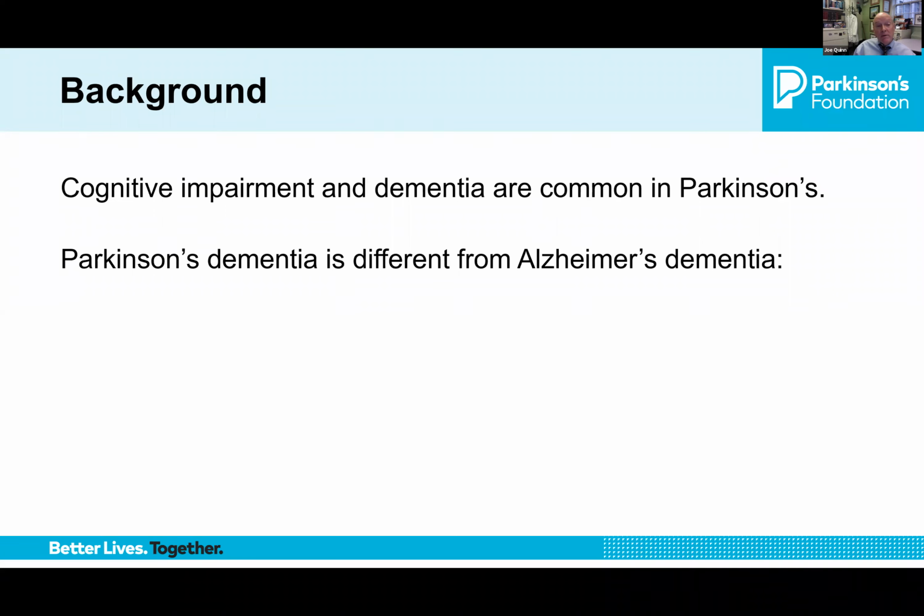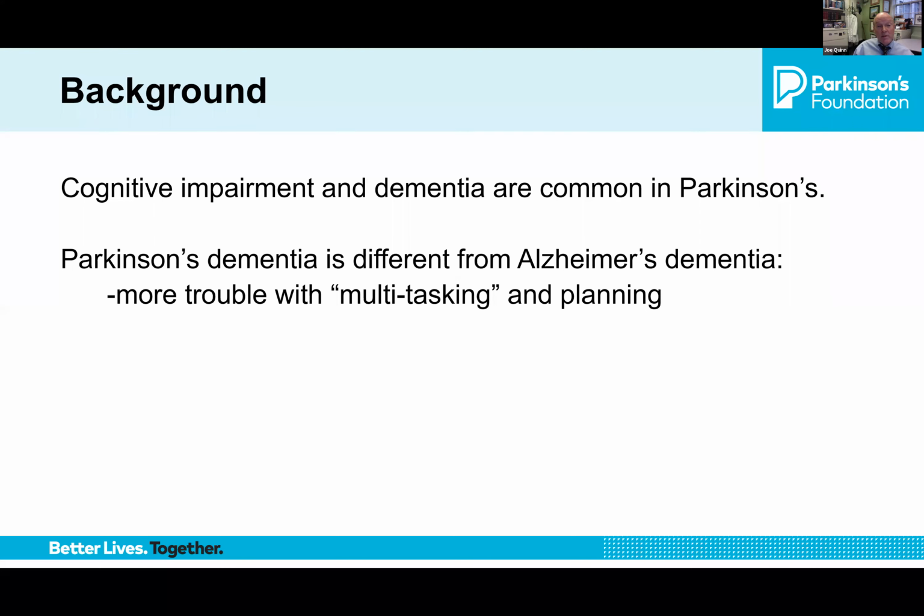The other point I want to make here is that the dementia in Parkinson's disease is different from the dementia in Alzheimer's disease. And this is, again, something that has gradually been understood over the last few years as people have taken a closer and closer look at the cognitive changes in Parkinson's disease. So in contrast to the predominant memory problem in Alzheimer's disease, in Parkinson's dementia, people tend to have more trouble with multitasking and with planning complicated operations, things that have to do with the frontal lobes.